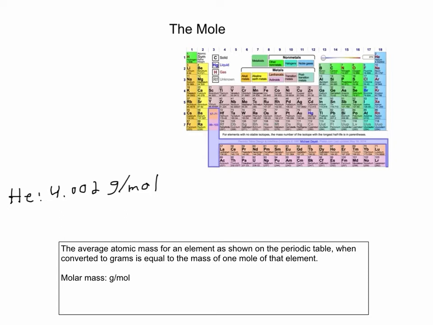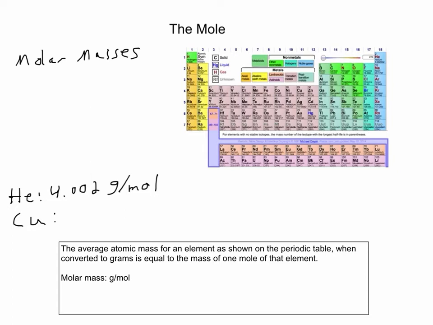Let's do another one. How about copper? What is the molar mass of copper? And these again are called molar masses. What is the molar mass of copper? Well, copper has an average atomic mass of 63.5 amu.